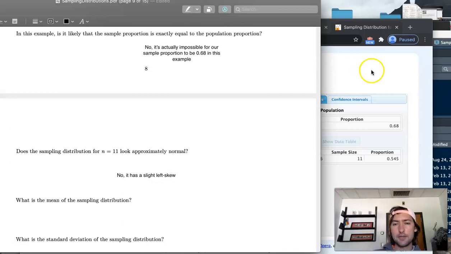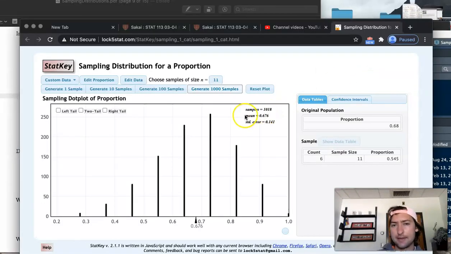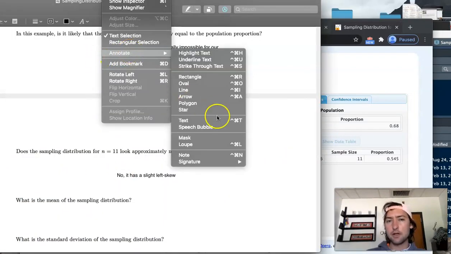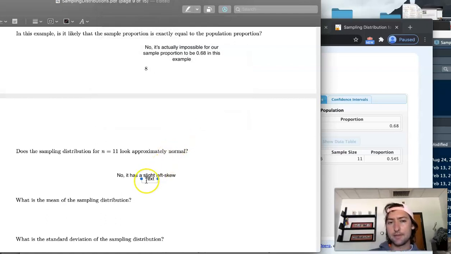The app also gives us the mean of our sampling distribution, and that's up here, where it's telling us that the mean is 0.676. If you were following along, because of the randomness of the resampling, your mean might be slightly different.